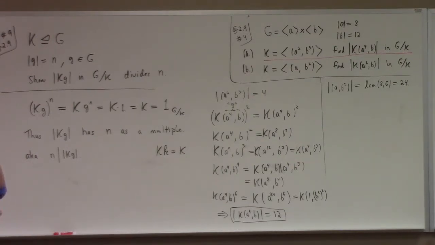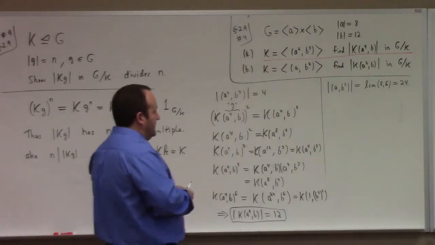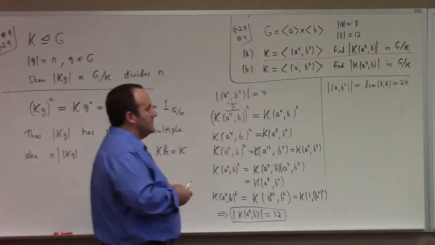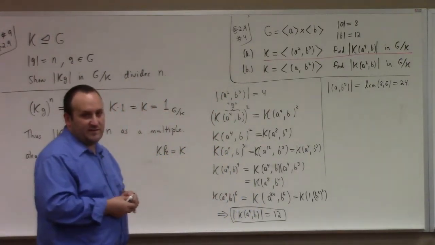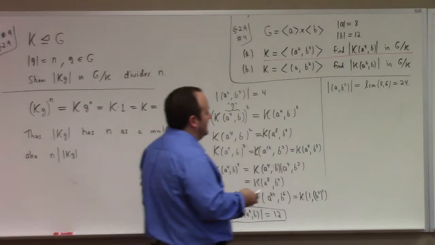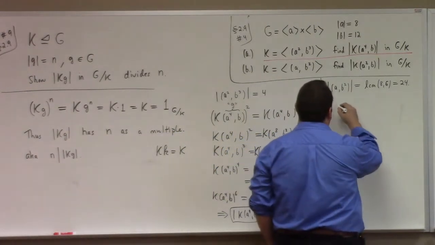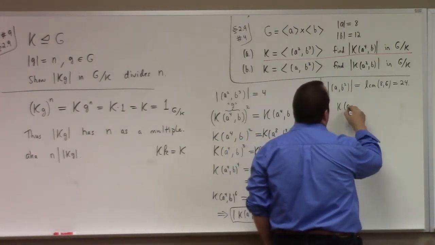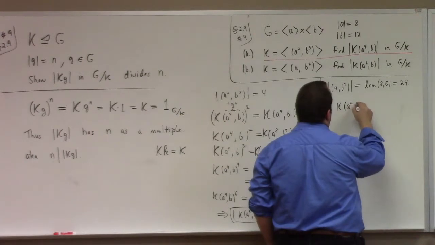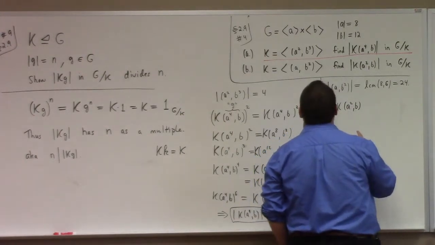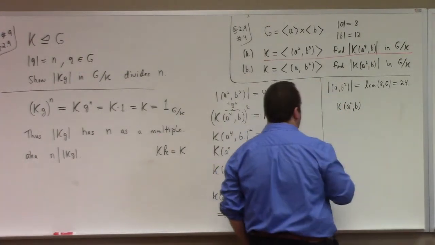And this illustrates that, although somewhat clumsily. This one should work out easier, I hope. Let's see here. So we're supposed to look at K a squared b in the new K, which is this one, right?